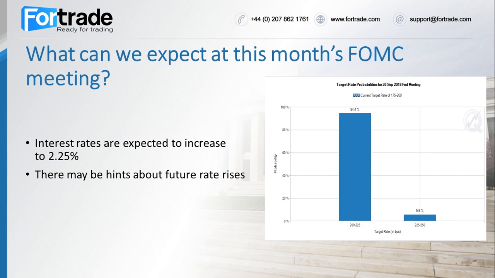On the other hand, a slight increase in the pace of interest hikes seems to have the support of most members of the FOMC now. There is a 65% chance, according to CME Group, of another 0.25% interest rate hike in December of this year.